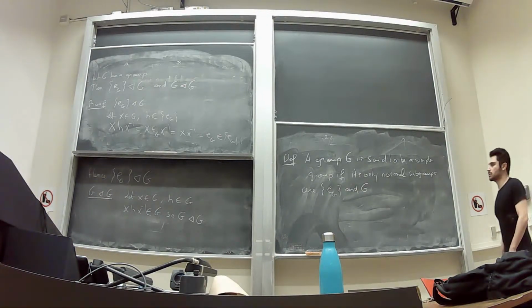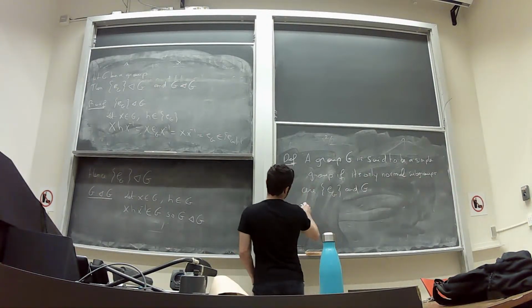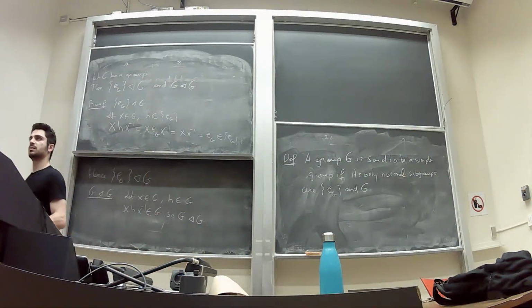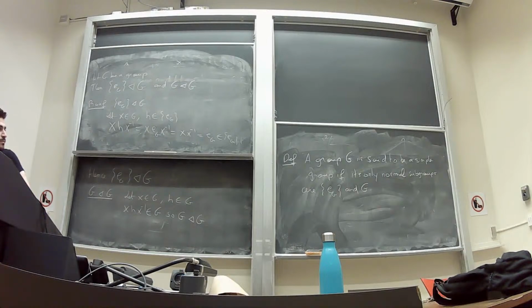Okay, so {e} is called the trivial group. If its only normal subgroups are {e} and G.